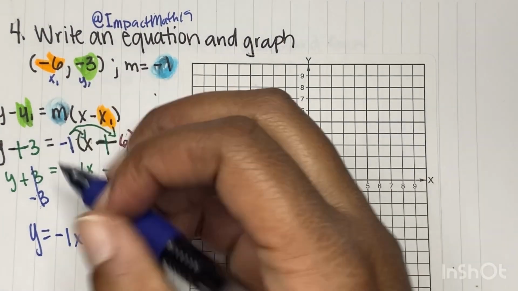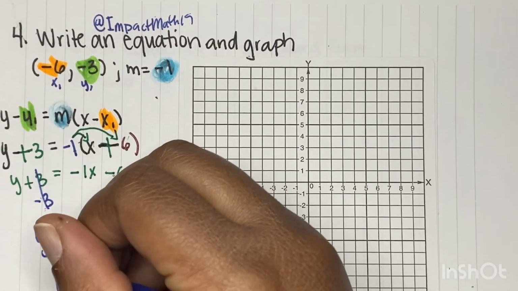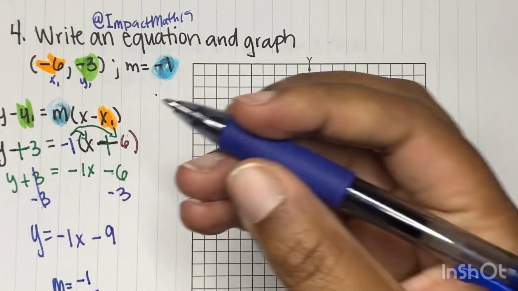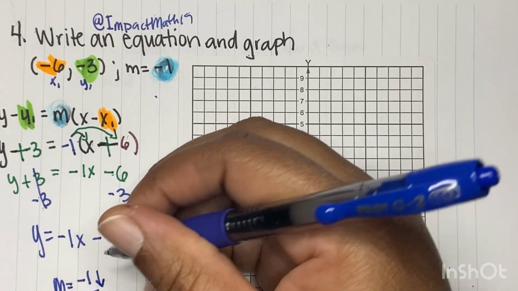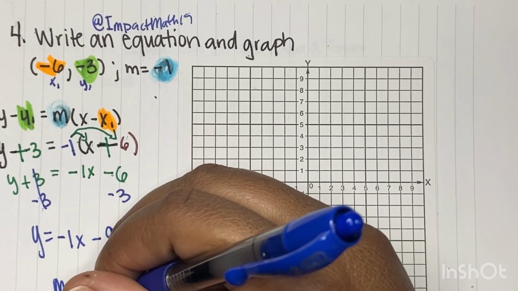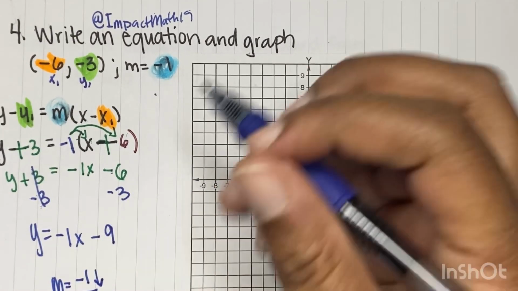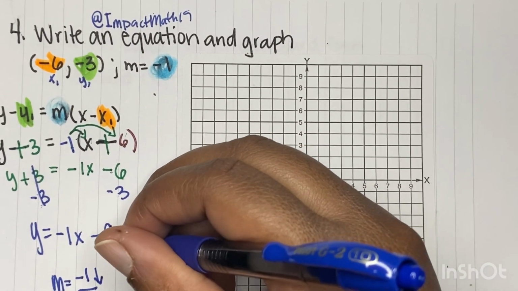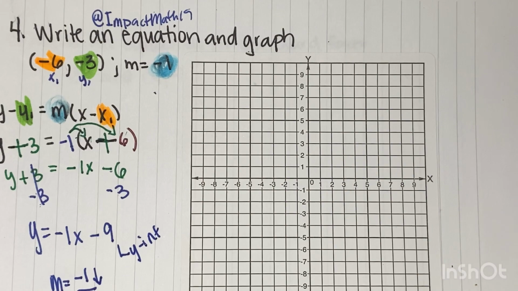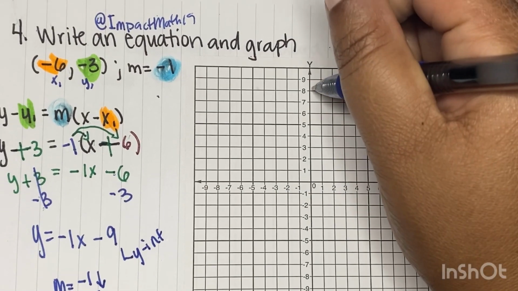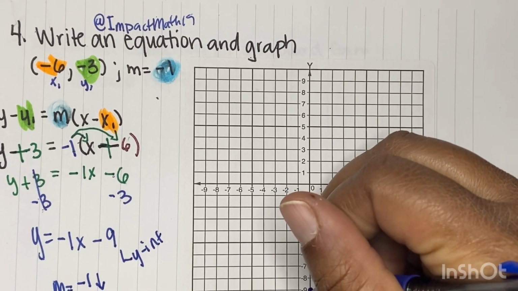So our m is -1 over 1. Remember, m stands for rise, so you can fall or rise, over run. Okay. And then my y-intercept here is -9. So I look on the y-axis and I find -9.